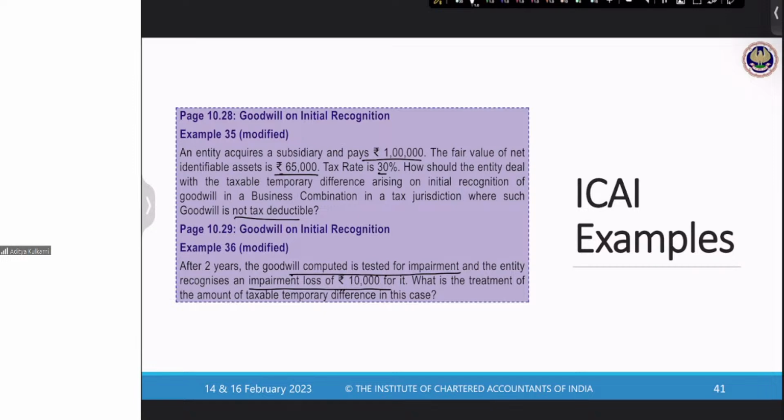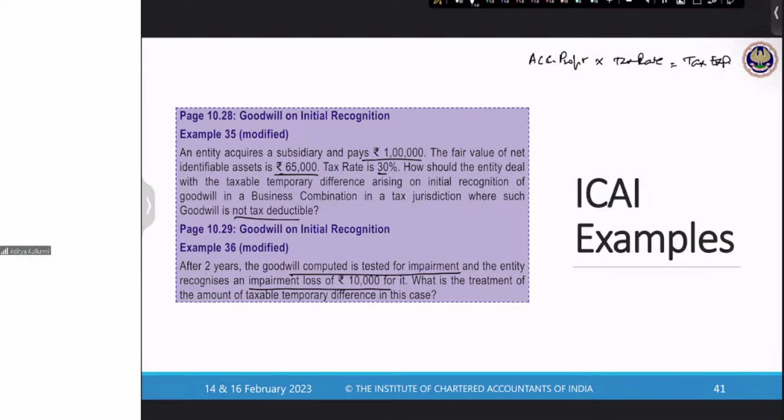Okay, which brings us to one more case. See, what I told you was, ideally, accounting profit multiplied by tax rate should be your tax expense.